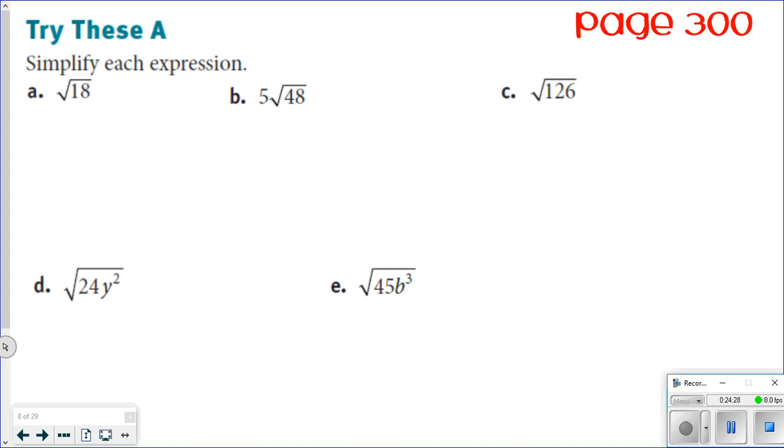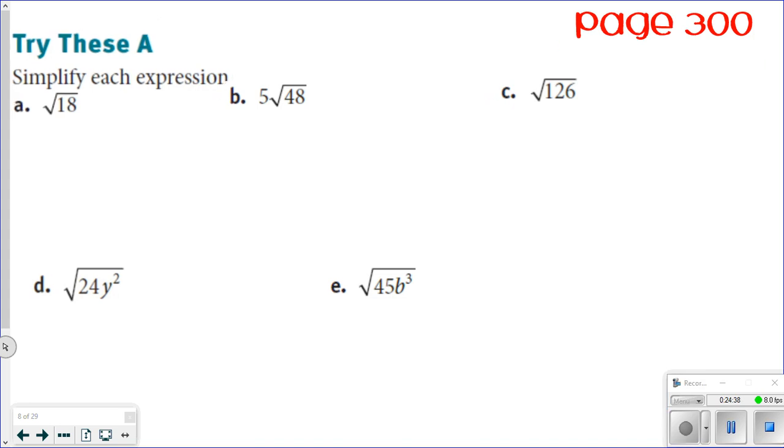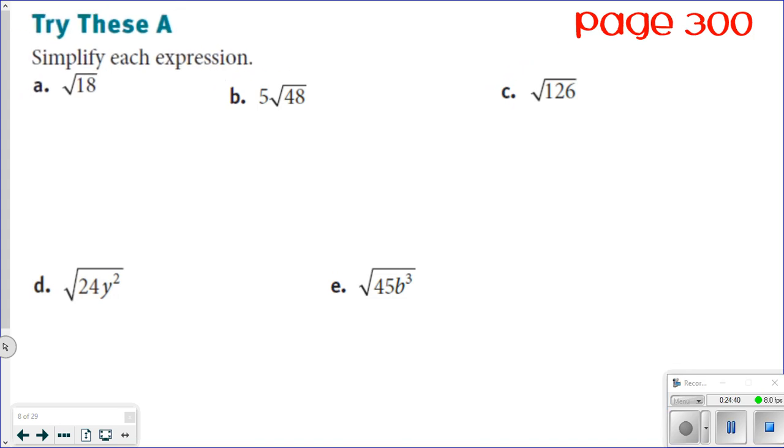Try to break down these questions. I know that I don't see a perfect square. 18 is not a perfect square, so go ahead and break it down. So we're going to write it as a product of two numbers.